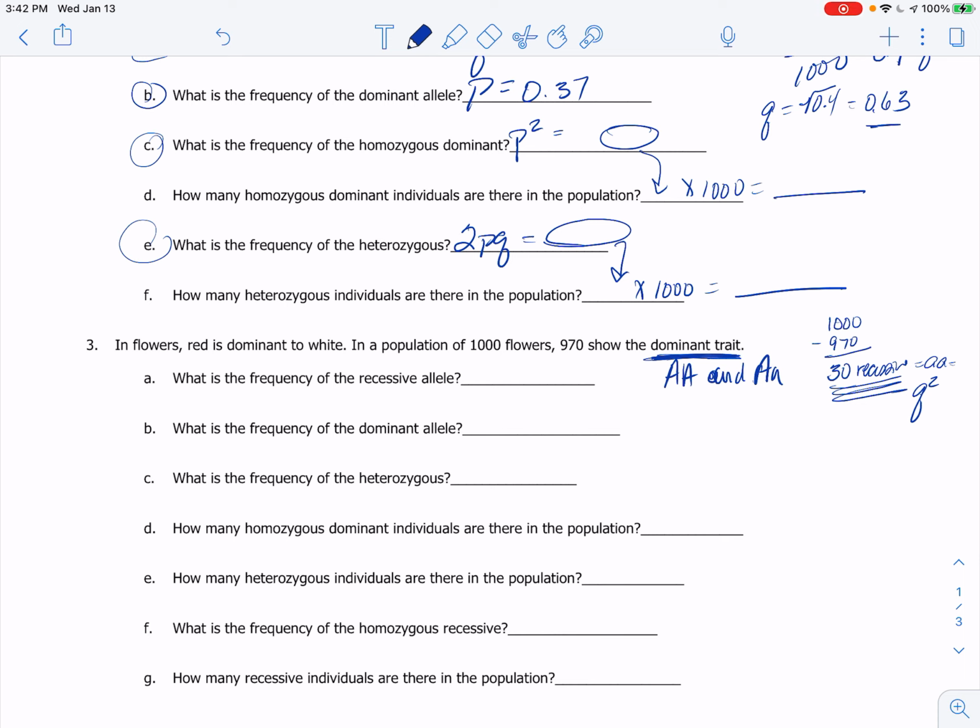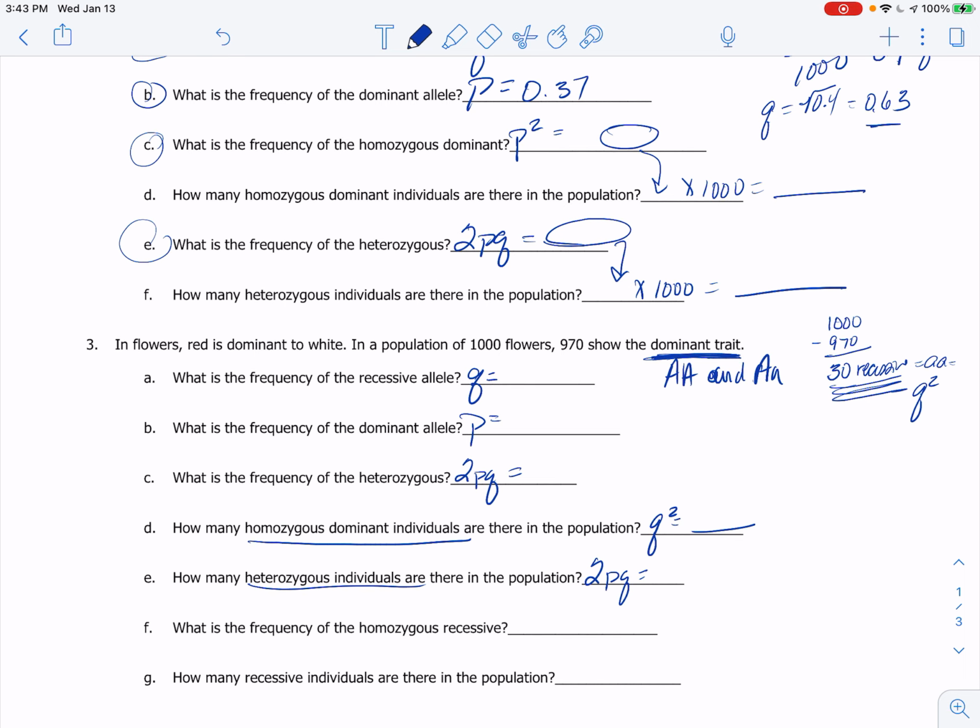Okay, so the frequency of the recessive allele is just Q. Dominant allele is just P. Heterozygous is 2pq. Homozygous dominant, so that was going to be Q squared. Heterozygous individuals, 2pq. And that's in the population, so you'll take that number and times it by 1,000 on both of those. Because that was with how many.